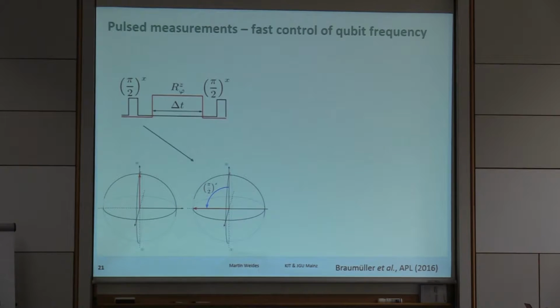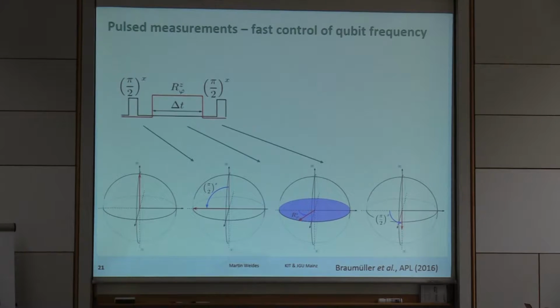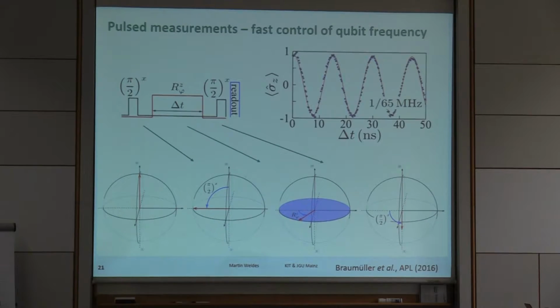We also did a pulsed measurement where we changed the qubit frequency by applying a fast flux bias to the qubit. That's the measurement sequence. We start in ground state, do a pi over 2, then change the level splitting of the qubit magnetically. This corresponds to a controlled precession in the equatorial plane of our qubit. We do this for a time delta t, followed by first bringing it back to the level before, another pi over 2 pulse, and readout.